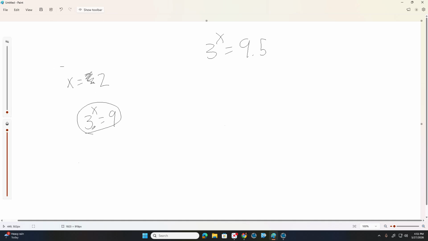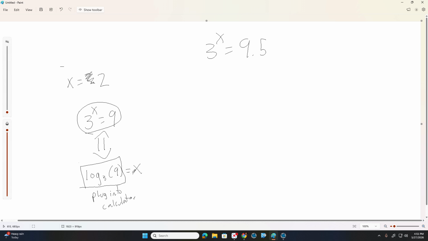Well, what if instead of just saying we know it's 2, we converted it to its logarithmic form? Log base 3 of 9 equals x. And this wonderful thing right here is something we can plug into our calculator.